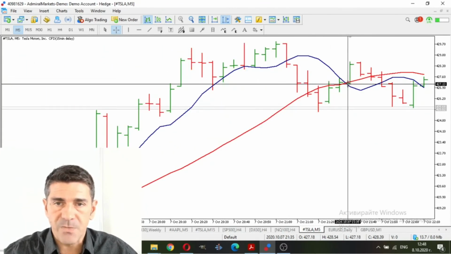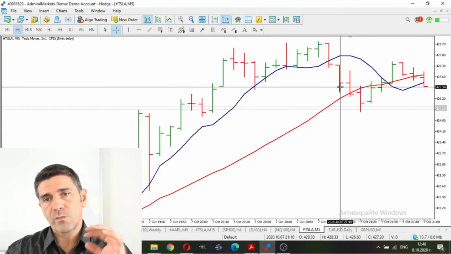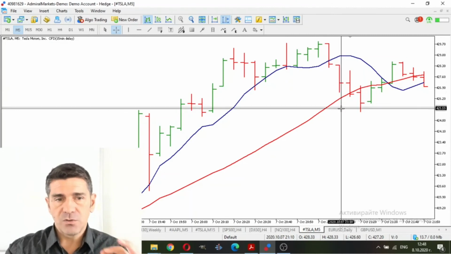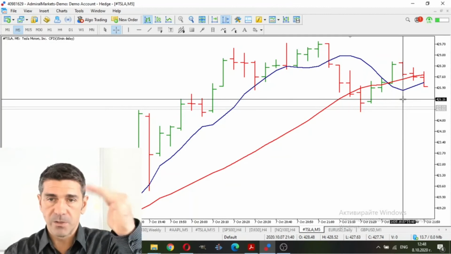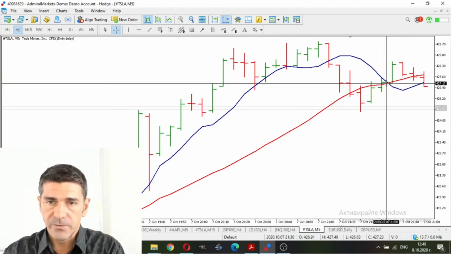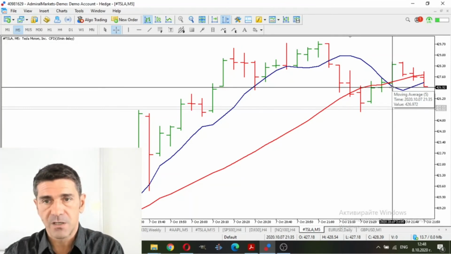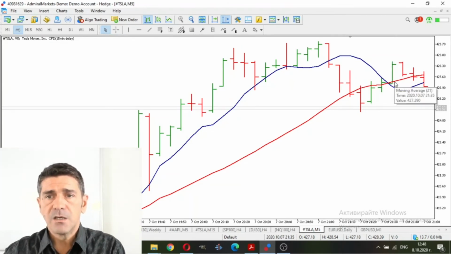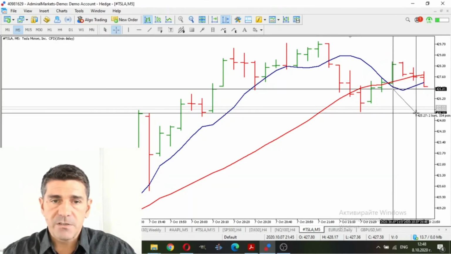When we are focusing on this moment, let's put it this way: I'm going to accept that the trend is already turning from up to down only if the 5 period moving average is crossing the 21 period moving average. Here I'm going to accept it as a valid signal.